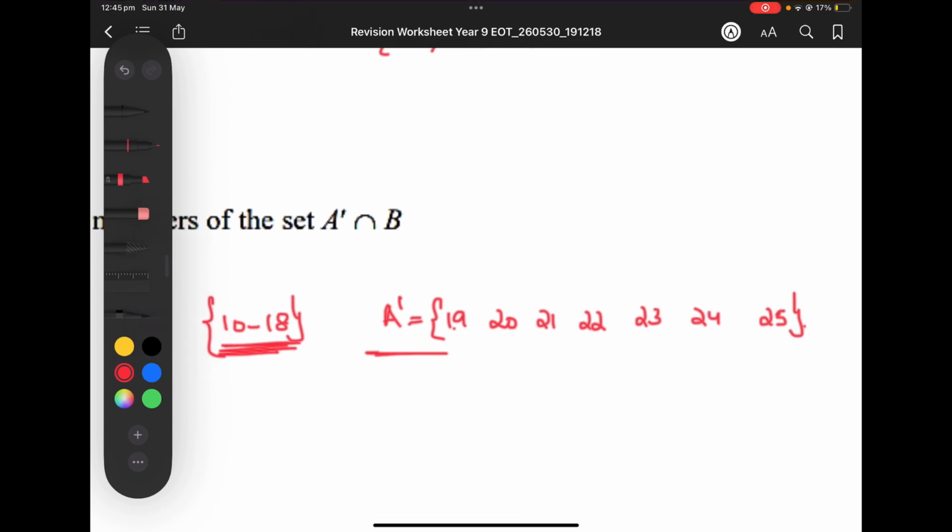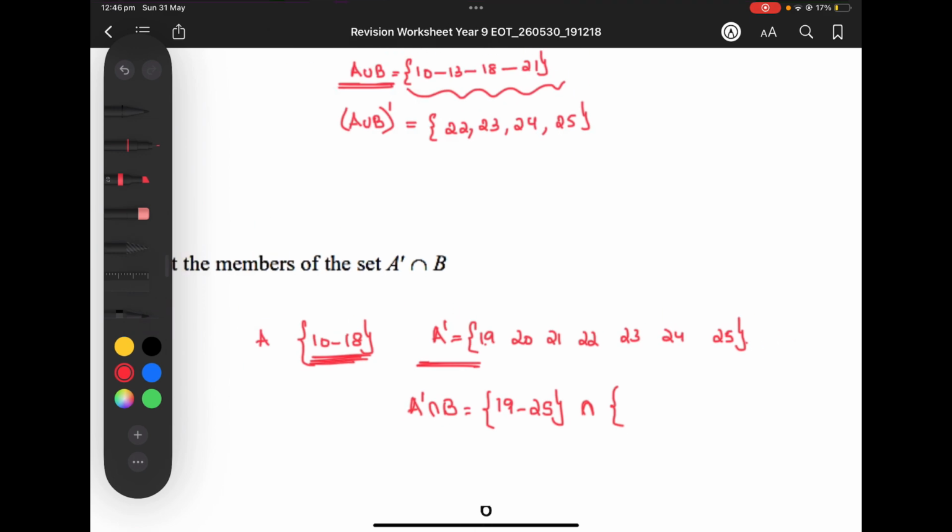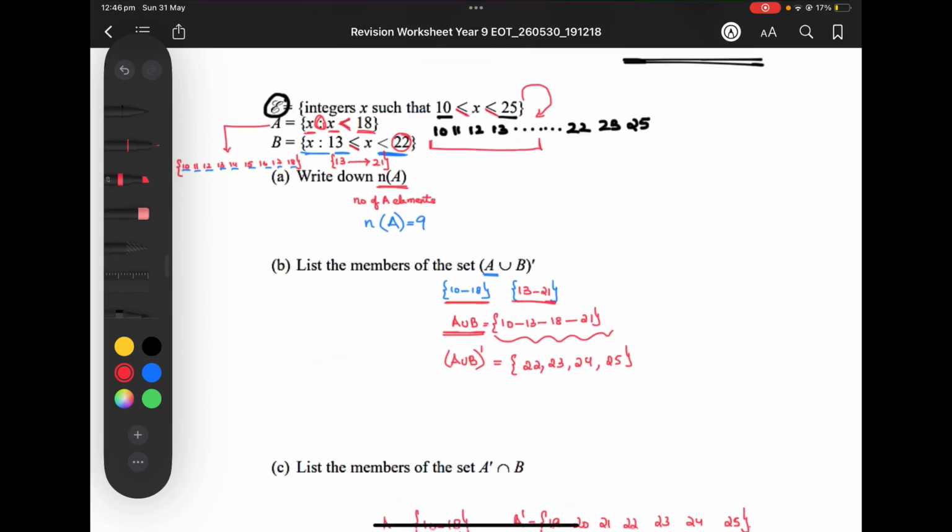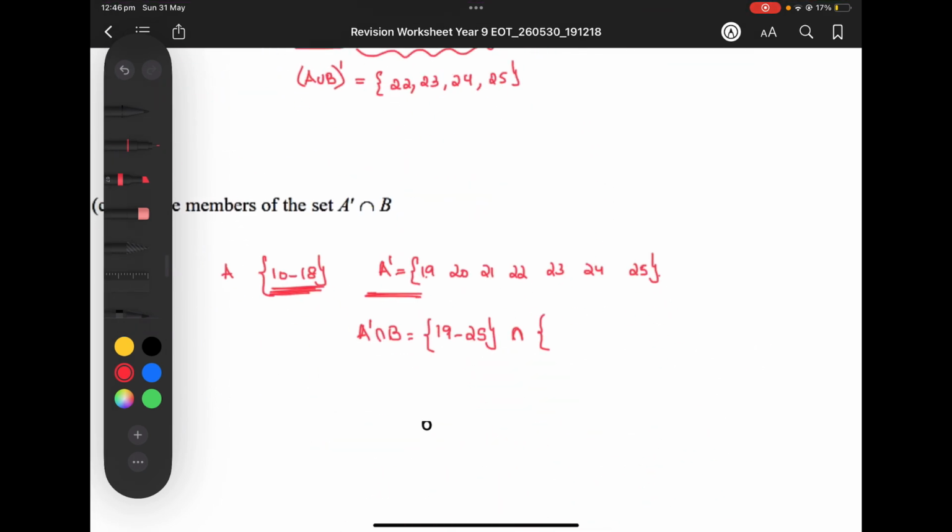Now, with A complement here, he's saying A complement intersection B. So my A complement is 19 to 25. What is my B? My B terms are from 13 to 21. Intersection means the common terms.